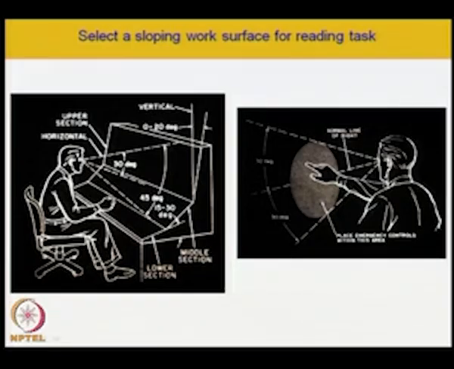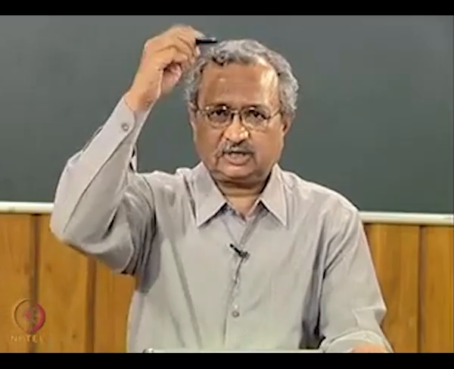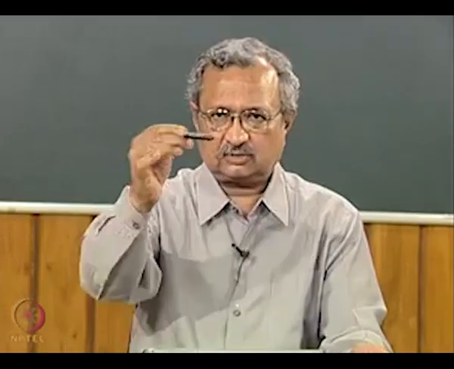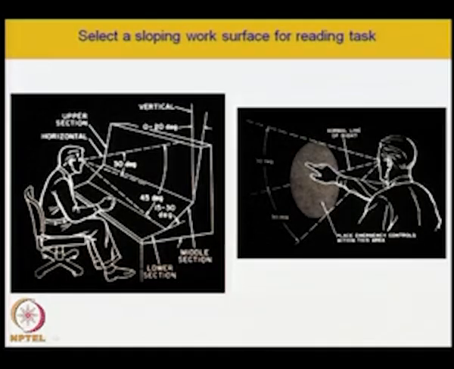Like in this case, for this person, from the normal line of sight around 30 degrees up, without moving head or eye, one can feel the presence of some object or even color, and below also normally it is 30, but it still goes till 45 degrees from the normal line of sight, and on both sides also roughly 30 degrees. So, this area is the normal visual field.